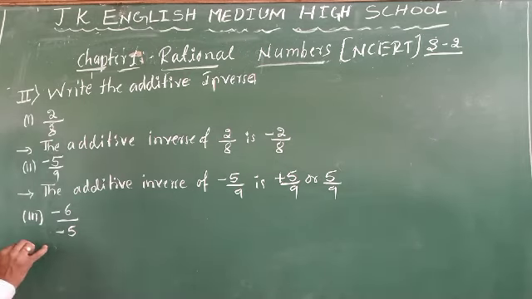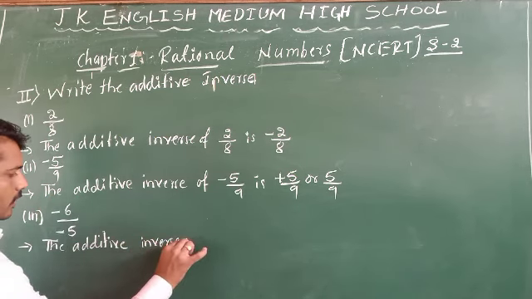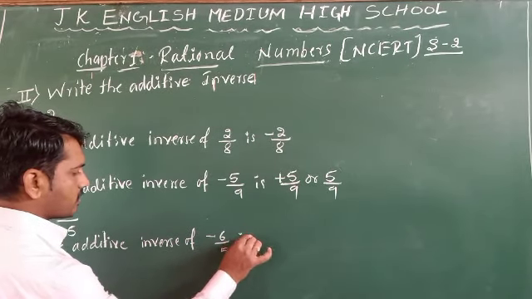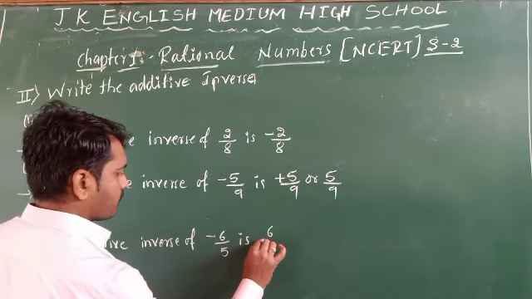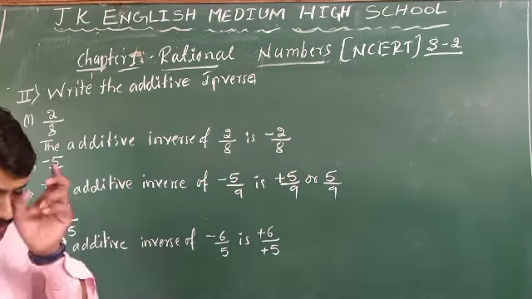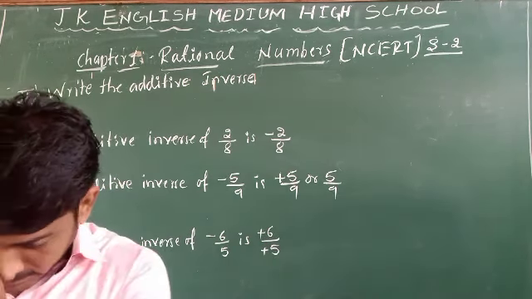The additive inverse of minus 6 by minus 5 is plus 6 divided by plus 5. Cleared up? Okay. Still 2 questions are there.